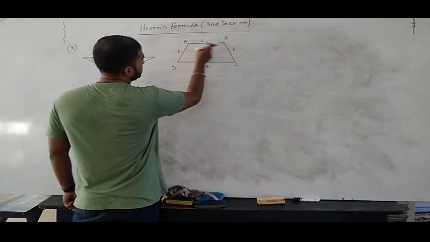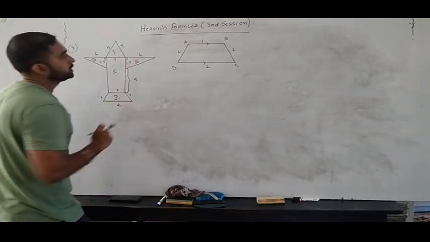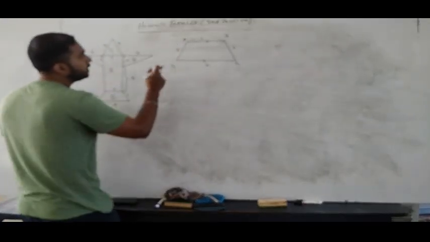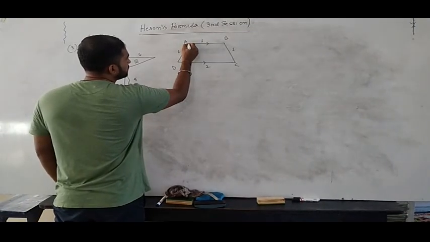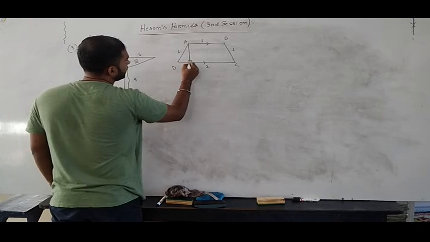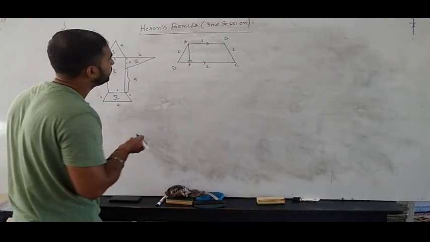Now as I mentioned earlier, area of a trapezium is equal to half into sum of the parallel sides into height. Here height is not given, so we have to draw height, that is AP perpendicular to DP.